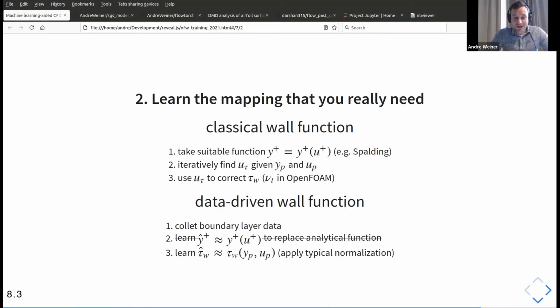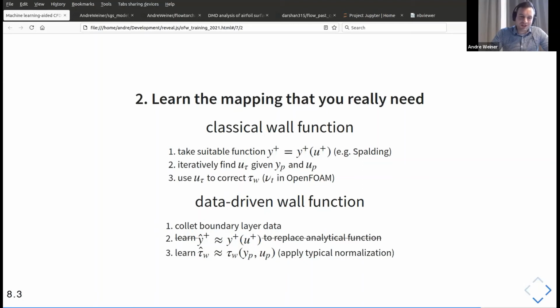Now, what I have done, and what you could consider doing, is of course first to collect the boundary layer data to create your machine learning model, and then to create a model that just replaces the analytical profile function that you used before, and then continue the process as before, finding u tau iteratively and then correcting the shear stress.